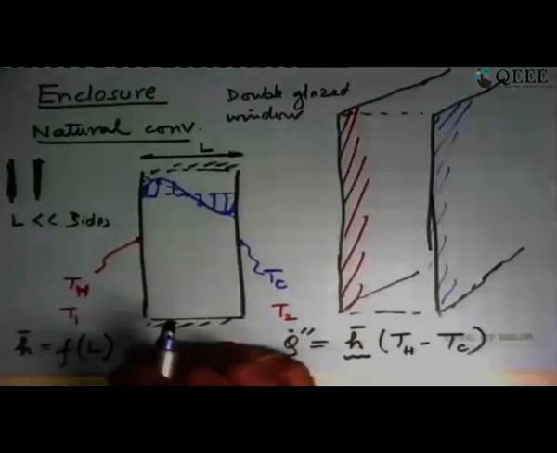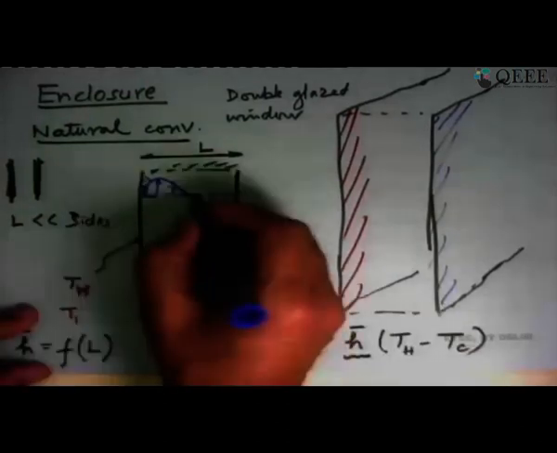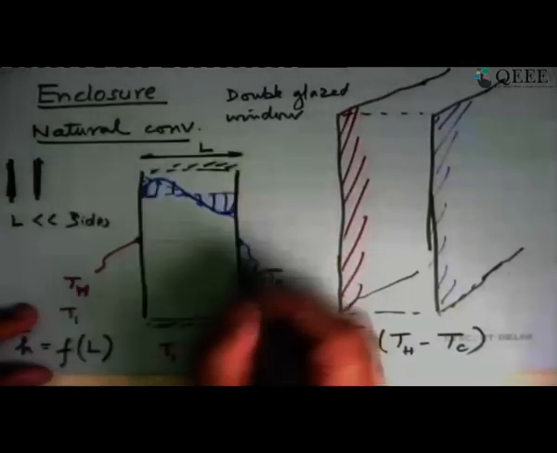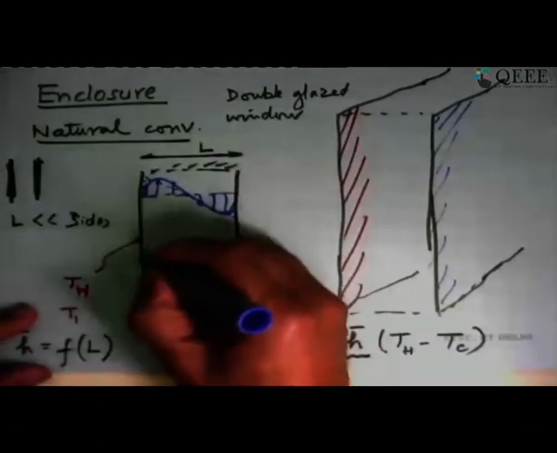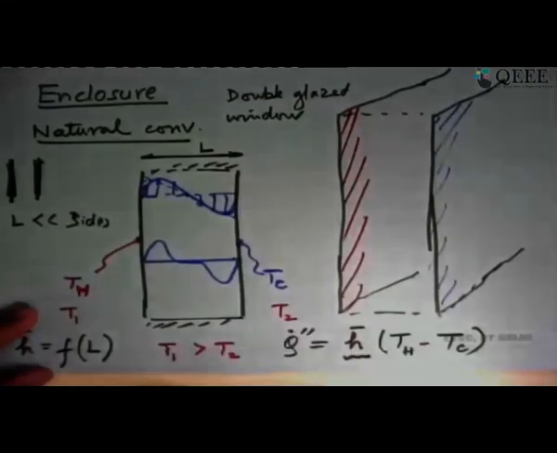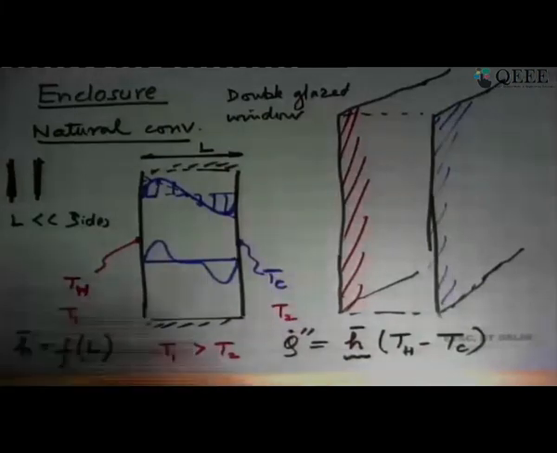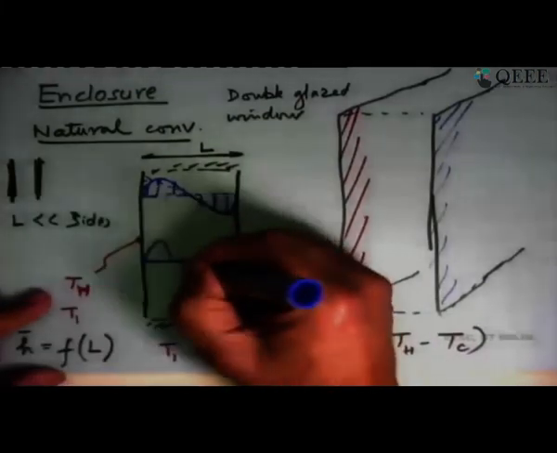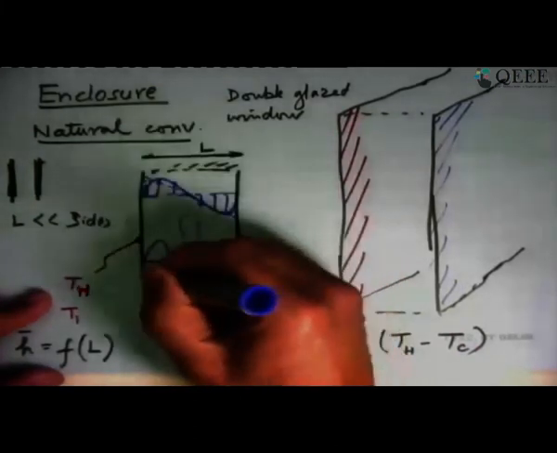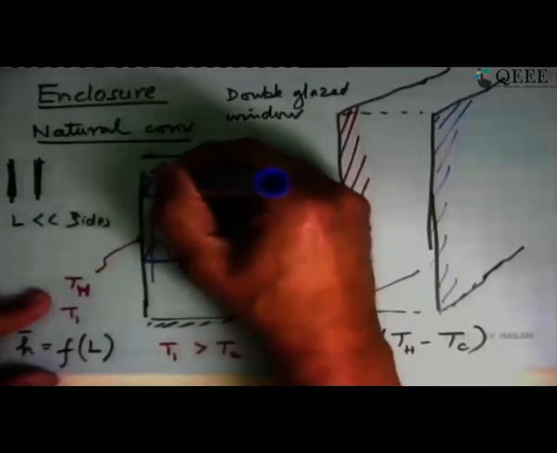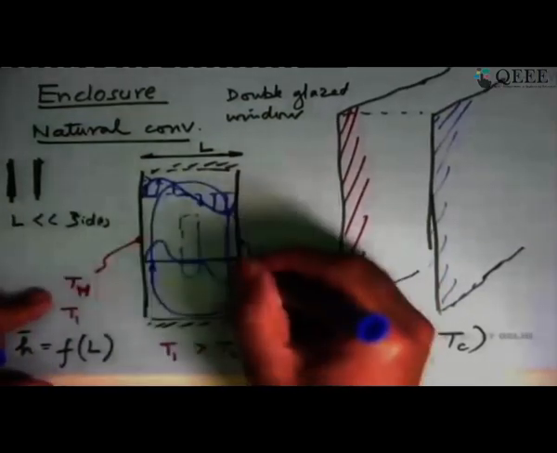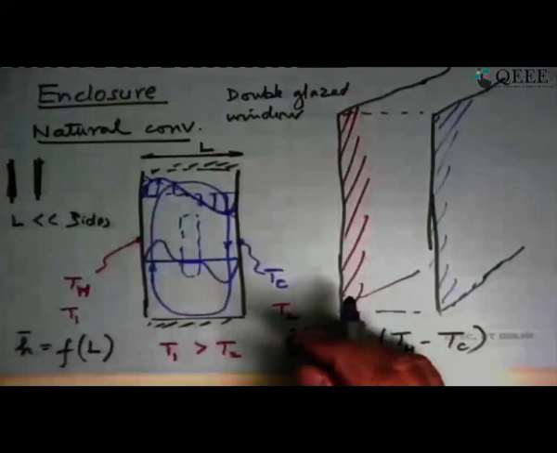This is one category. The second category is that it's no longer 0 over here, but L is big enough that you have some portion where the velocity becomes 0. So you have the velocity becoming like this, then like that, and then like that. What this tells us is that in between you have a region where there is no airflow, and in both cases warm fluid has gone up, come down from there, and completed the circulation, so that conservation of mass, continuity, is maintained.